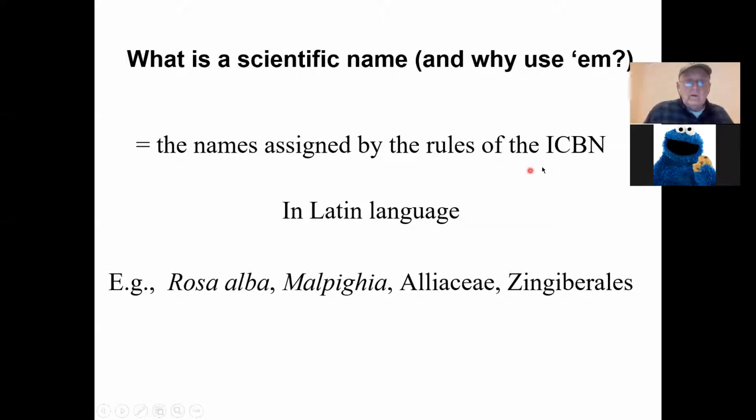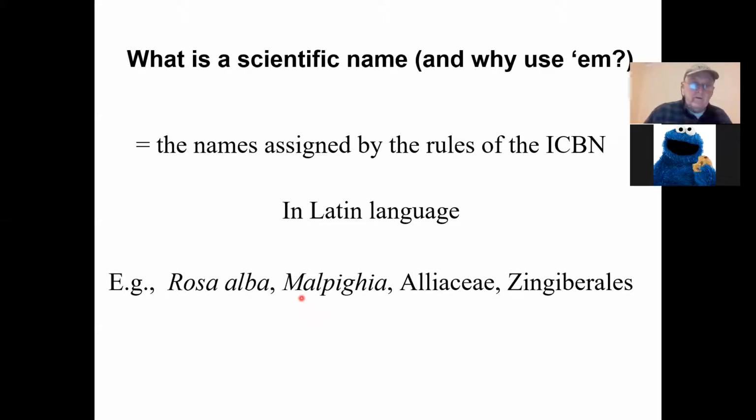defines the way things are named. And it says that they need to be in Latin or some other language that has at least been Latinized. And when you name things, the species and the genus have to be either in italics like you see here, or they have to be underlined.